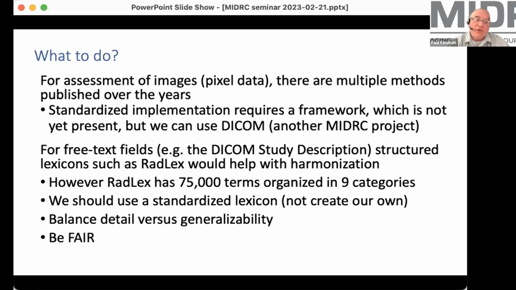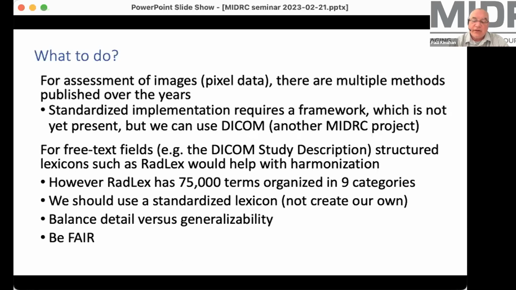We could, in principle, use a different standardized lexicon, but the consensus of the group working on it is that we really should not be creating our own descriptions. We really want to have something that's standardized and maintainable.